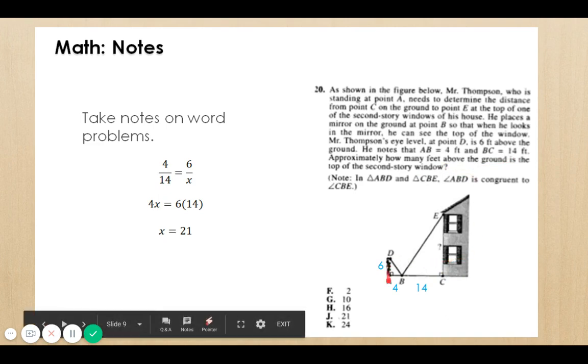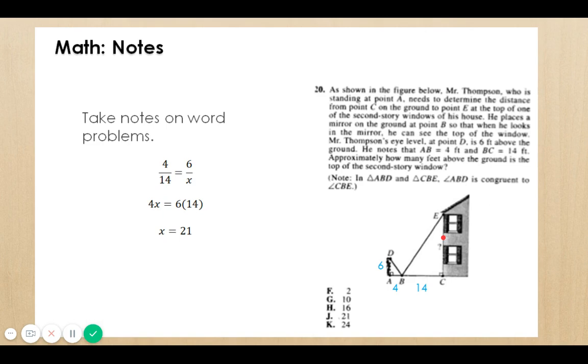So right away, if this is 6 and I'm trying to find this answer, it's got to be more than 6. So 2 would have to be wrong. And if I doubled it, I would get 12, and even 12 isn't to the top. So G would have to be wrong.